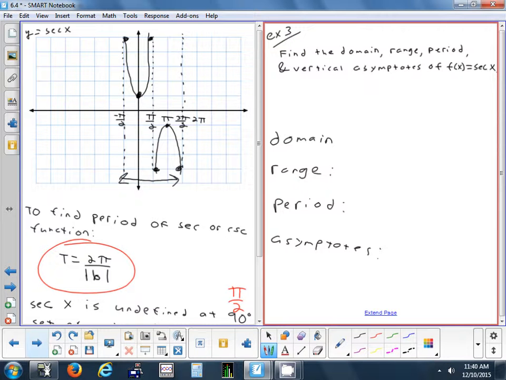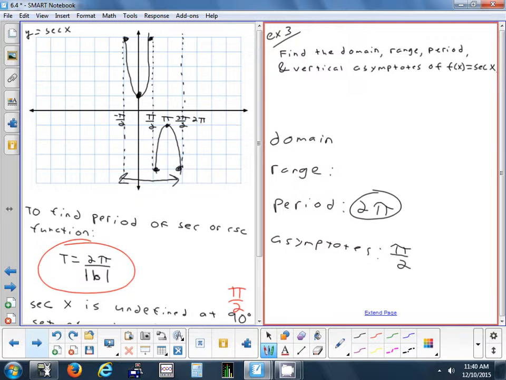All right, period, you guys already figured that one out. What's the period of secant? 2 pi. Okay, where's my first asymptote? We could pick any one, but I like to pick the first one that's positive. Pi over 2. So you get an asymptote at pi over 2.